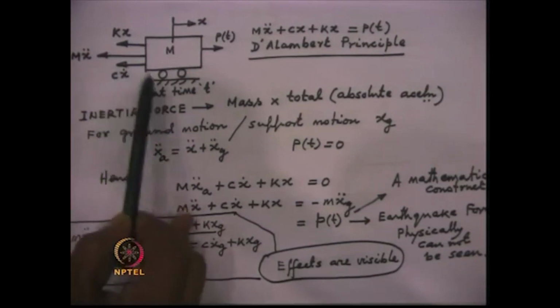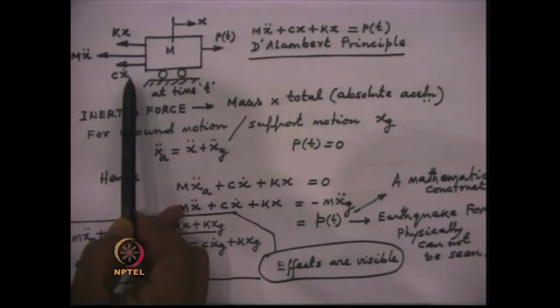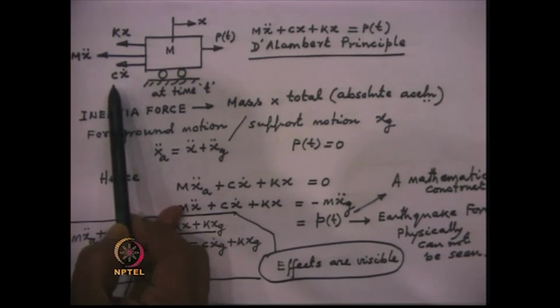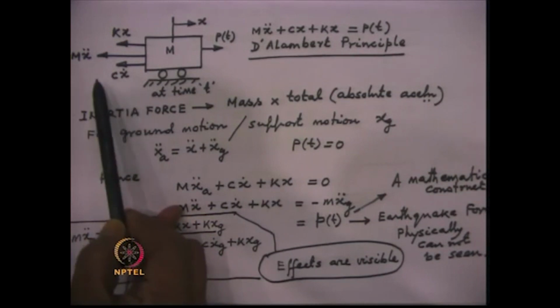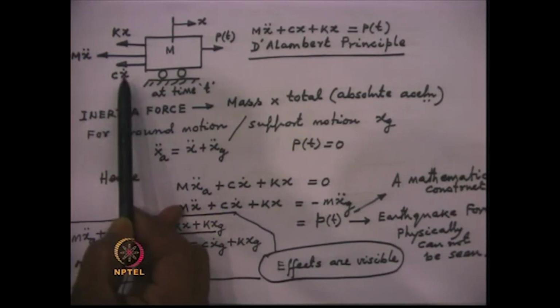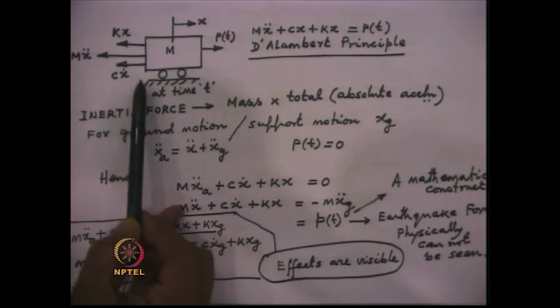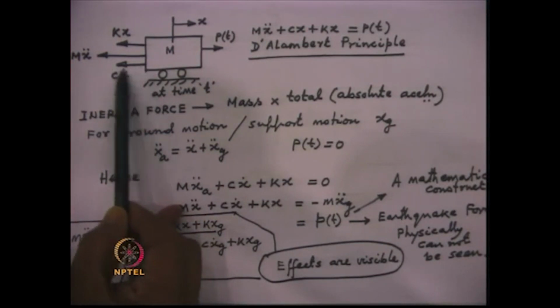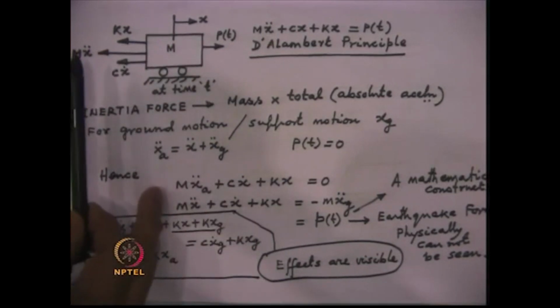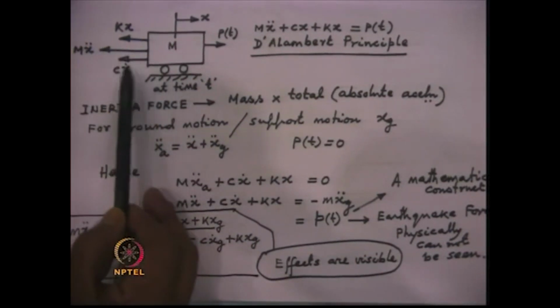The Cx dot, which is the damping force, this damping force is called the viscous damping force. It is written as a coefficient, the coefficient of viscosity, multiplied by the velocity. This damping force by definition acts opposite to the motion because it dampens the motion.